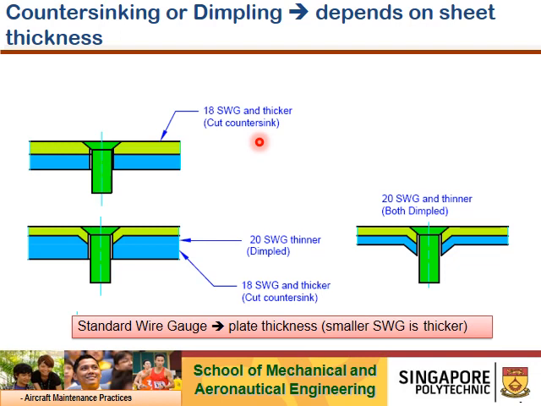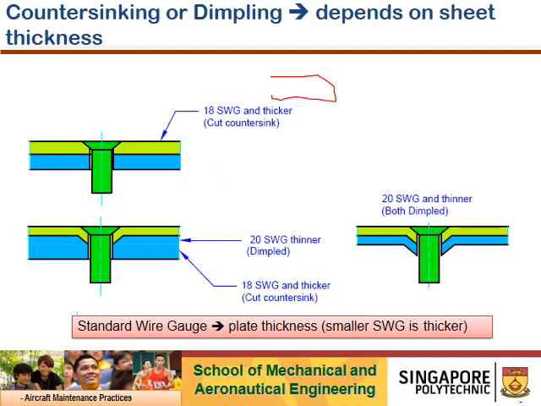When we carry out countersinking or dimpling depends on the sheet material thickness. If the material is thick enough, then you are able to do countersinking. If the material is too thin, for example 0.040 inch and below, you are supposed to carry out dimpling. If you were to choose countersinking on a thin sheet material, you will actually create a sharp knife edge. What do I mean by sharp knife edge? Let me get my pen.